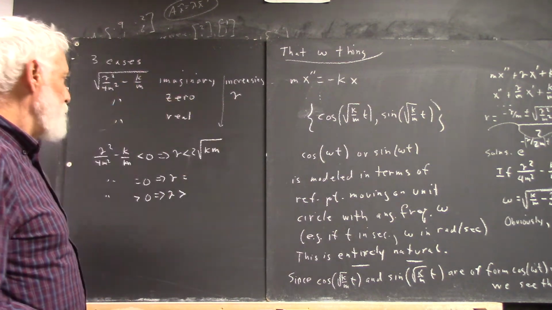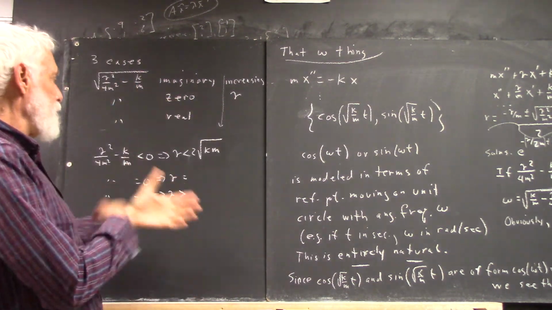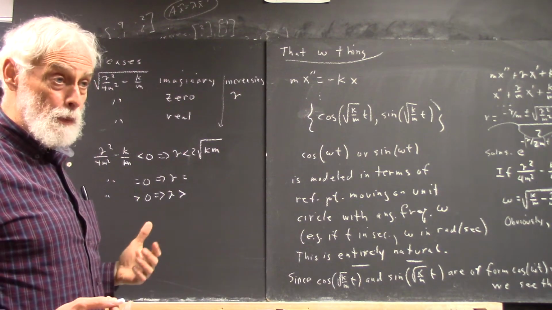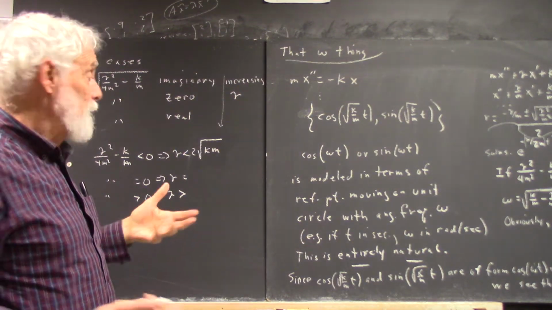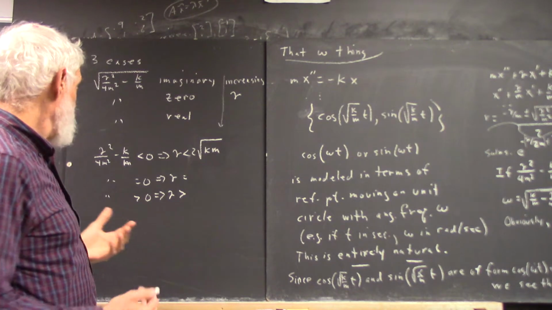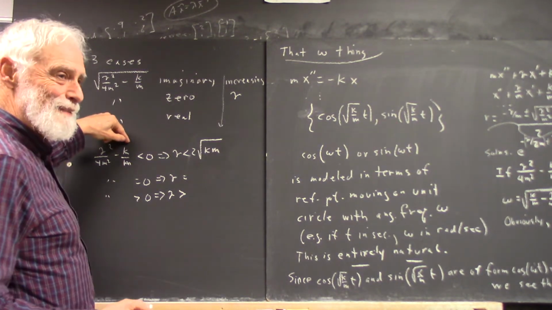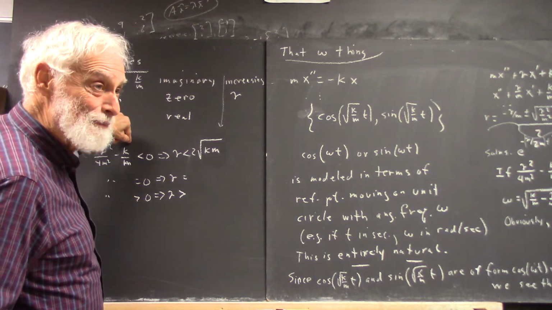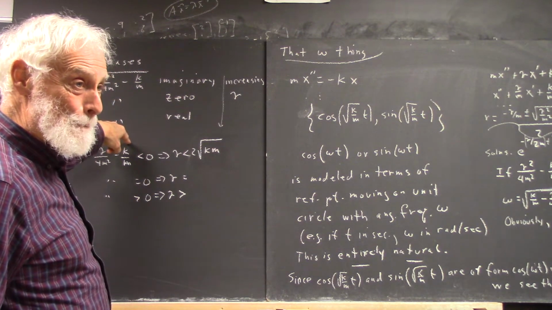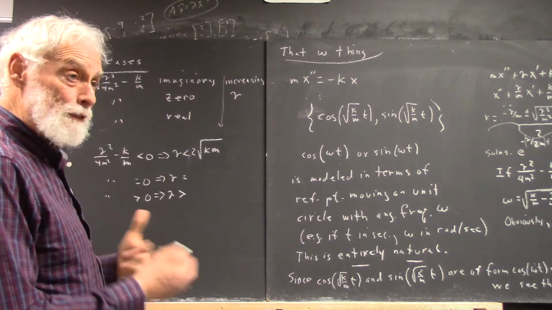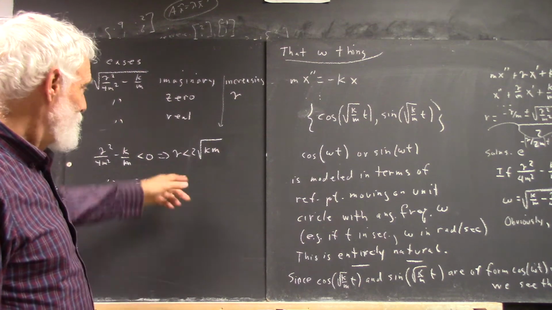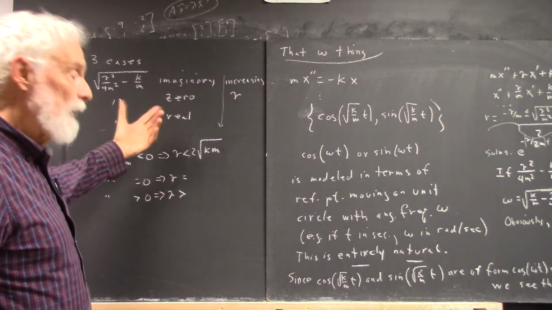Well, it could be between the negative square root and the positive square root in general. But there's no such thing as a negative value of the product of two positive constants, right? It makes no sense for gamma to be negative. Gamma can't be negative.